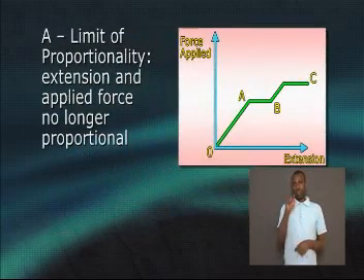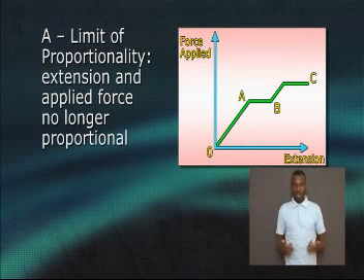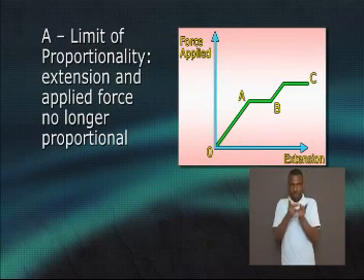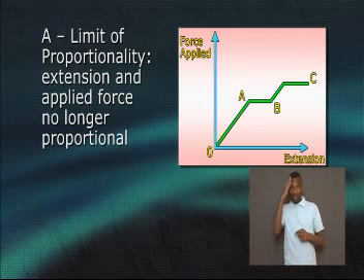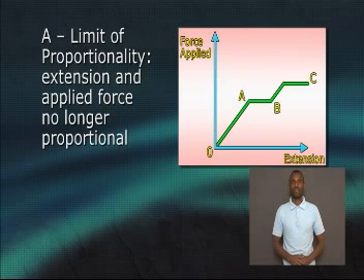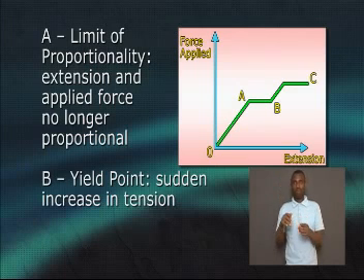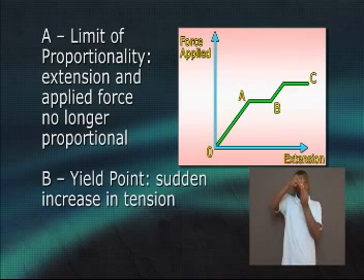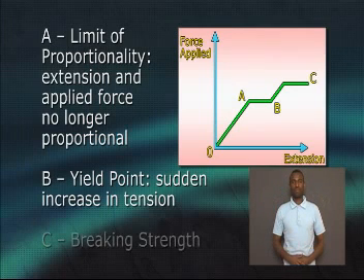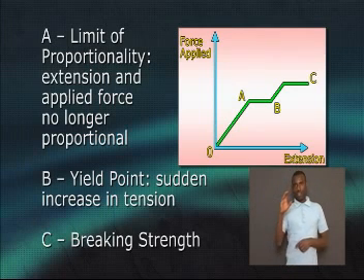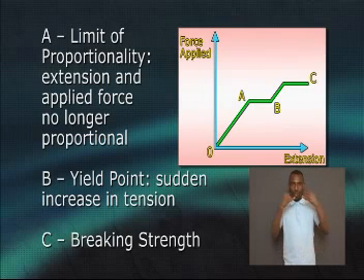Point A on the graph marks where the load begins to increase and is known as the limit of proportionality. The yield point is reached at point B, where there is a sudden increase in extension. Point C marks where the wire cannot take any more force and breaks.